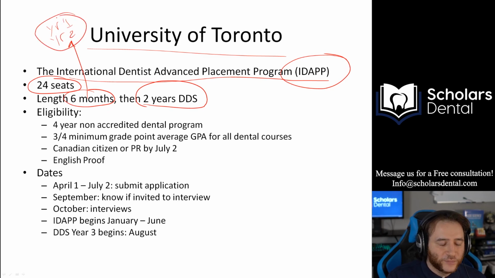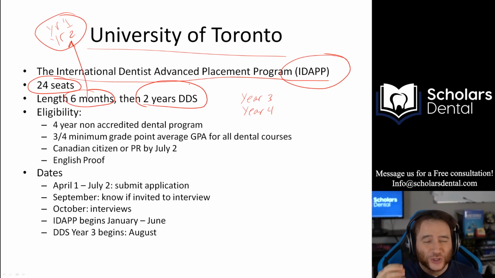Once you finish that 6 months, you enter the DDS program with all the other dental students at year 3. So you do year 3 and year 4, 2 years of school. So it is minimum, just schooling, 2.5 years. This 2-year concept is 2.5 at minimum with schooling.